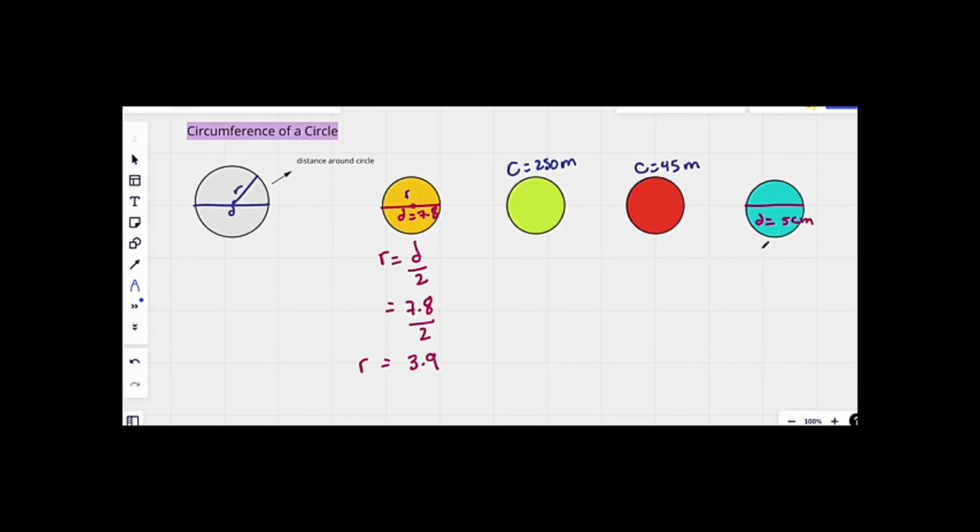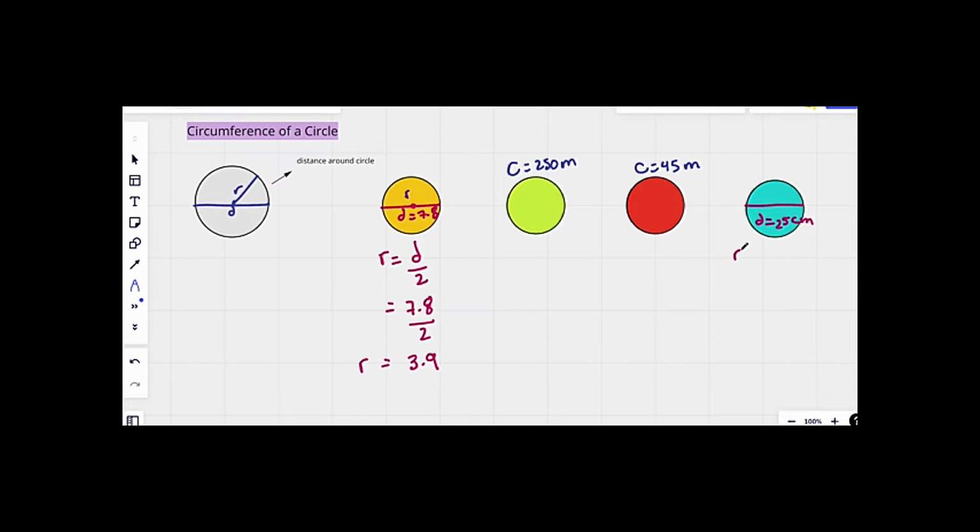Okay, let's do this question right here, which is very similar. In this case, we're given a diameter of 5 centimeters. Actually, let's try a diameter of 25 centimeters. So we've got a diameter of 25 centimeters and we need to calculate the radius. So how do we do that?